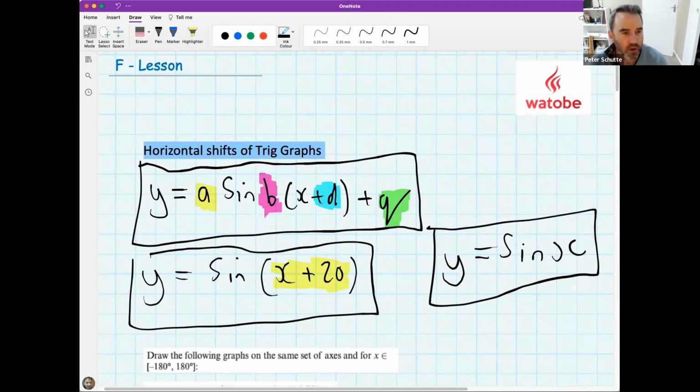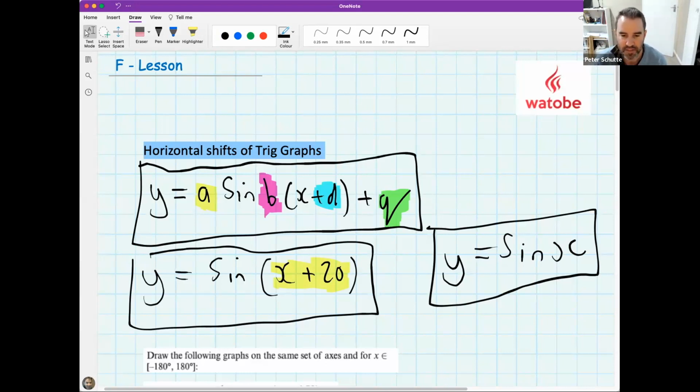Okay, so Dudu has said horizontal shift to the right by 20, and Mbali and Zanele have said move to the right by 20. Okay. Who else? Anybody else have an idea? Are they correct? Does anybody disagree with them?